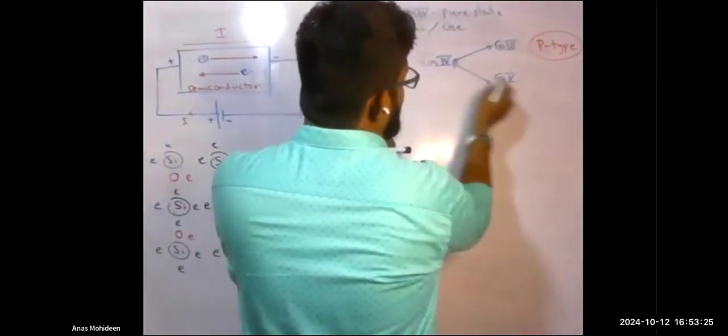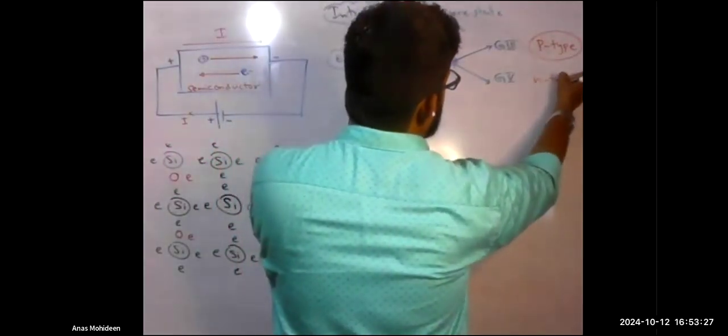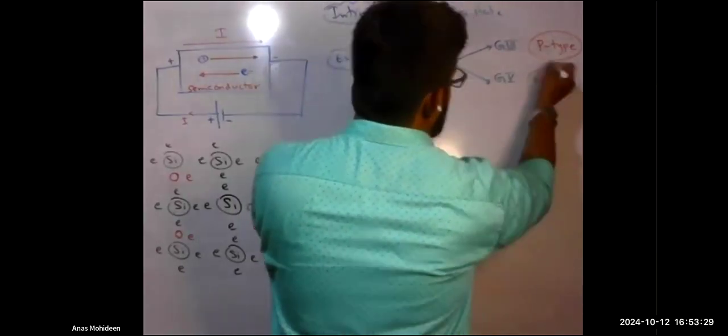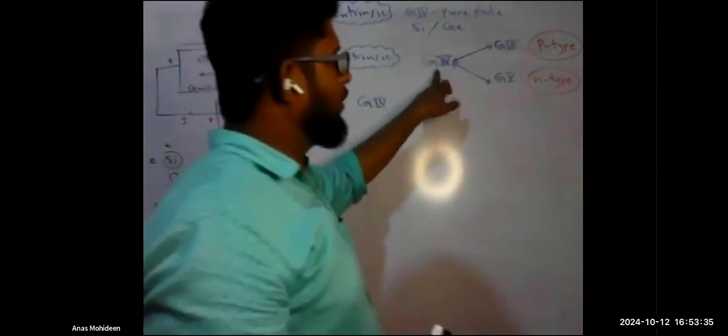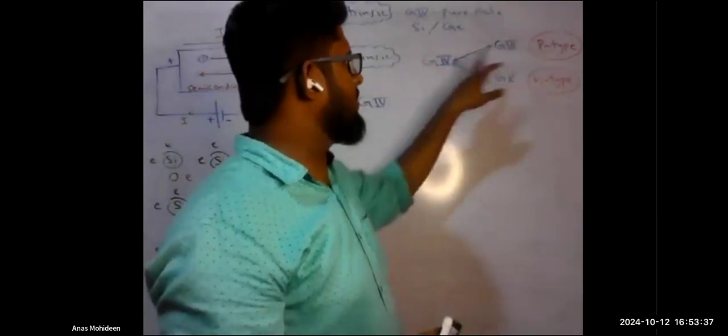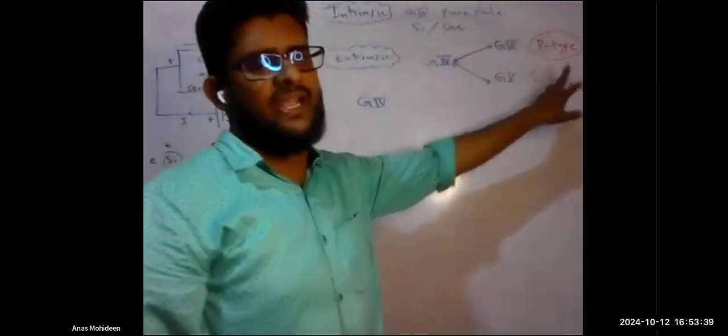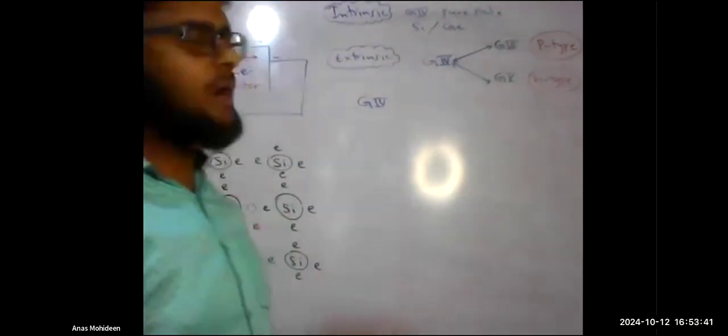When it is group 4 and group 5, this forms a negative type extrinsic semiconductor. So group 4 with group 3 gives positive type. Group 4 with group 5 gives negative type. So how does it happen?